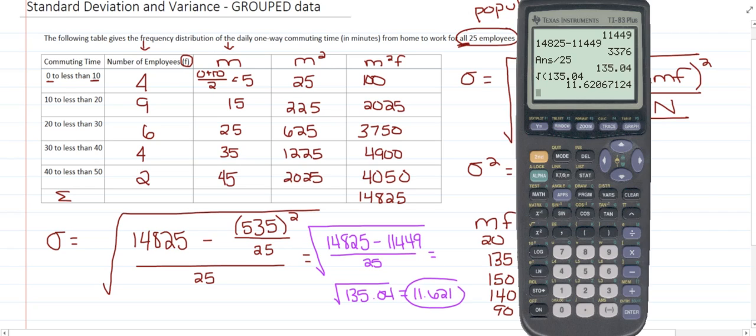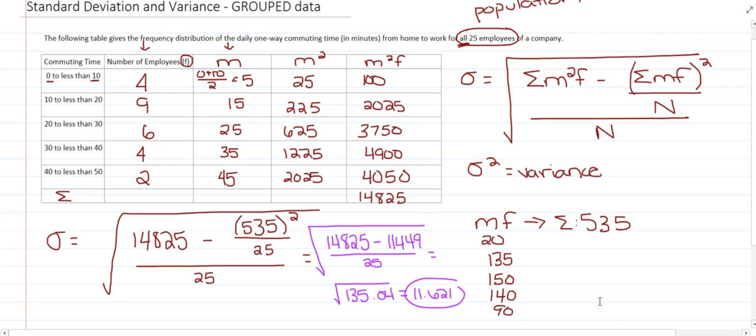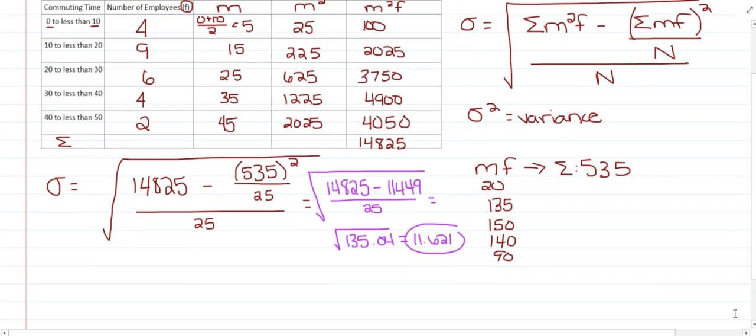And of course, if we square that, answer squared, 135.04, that's your variance. So here we have our standard deviation. This is the symbol for population standard deviation, 11.621. And the symbol for variance is sigma squared. So population variance, 135.04.